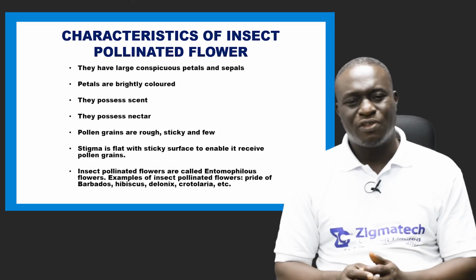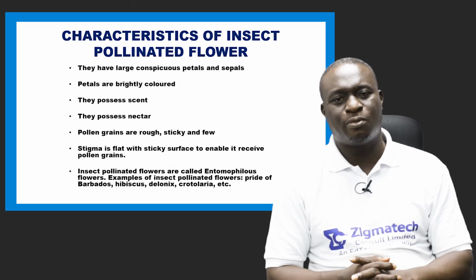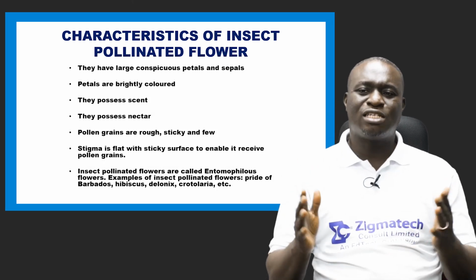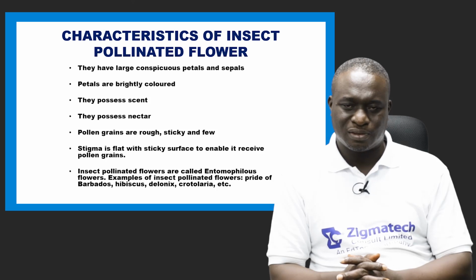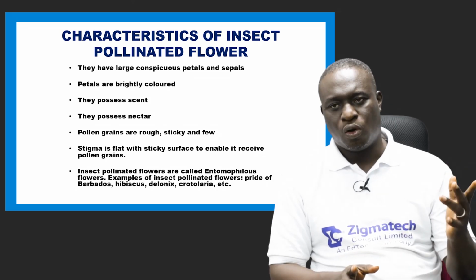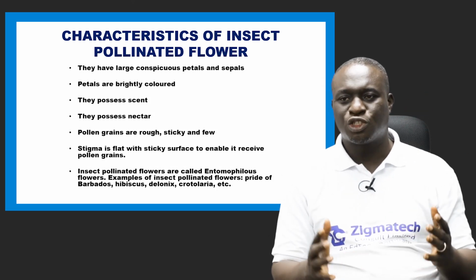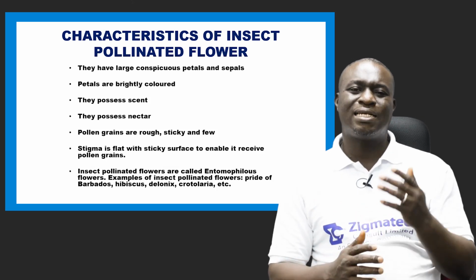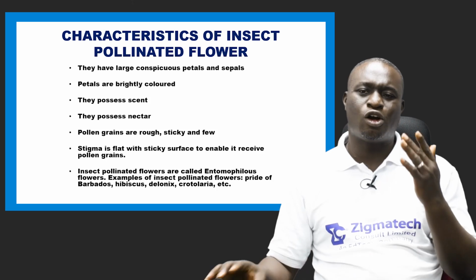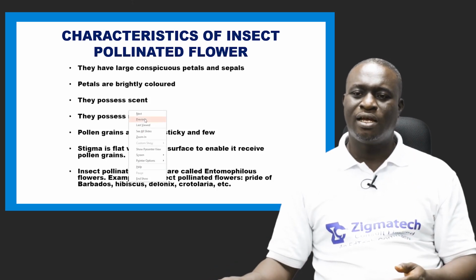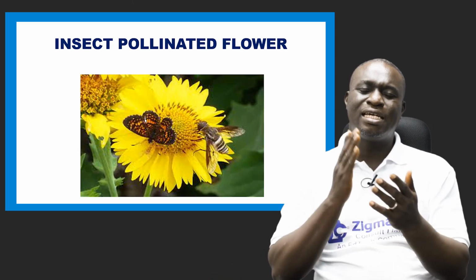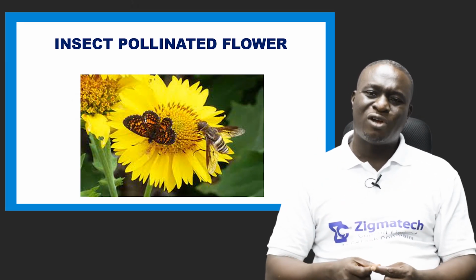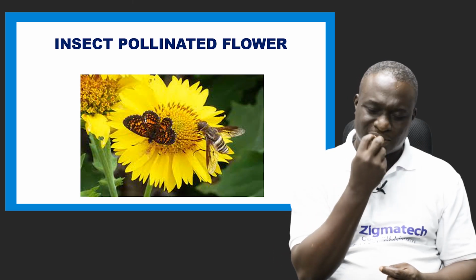Now, what are some of the characteristics of insect-pollinated flowers? Number one is that they have large conspicuous petals and sepals, not small. Number two is that the petals are brightly colored. And also, the flower produces scent.